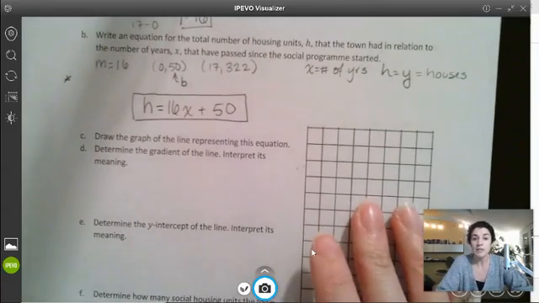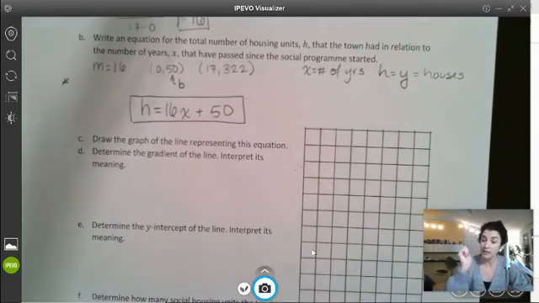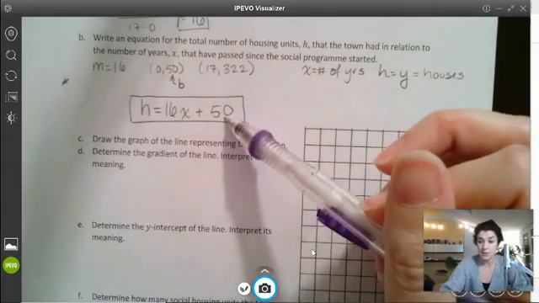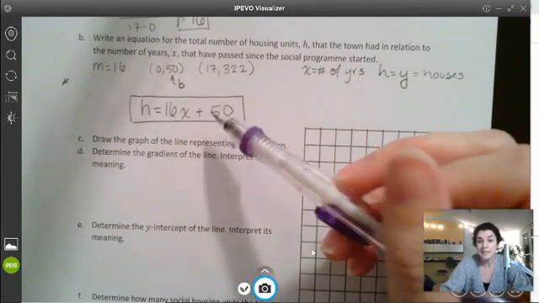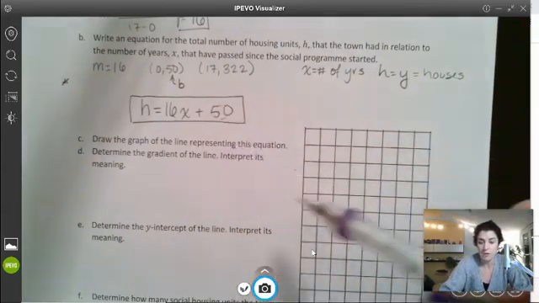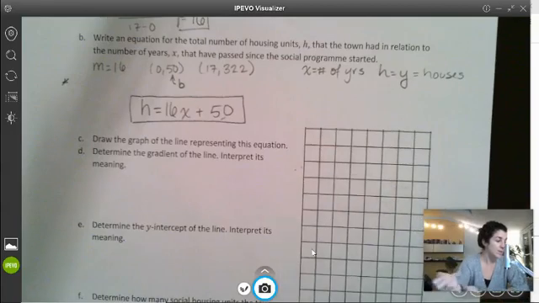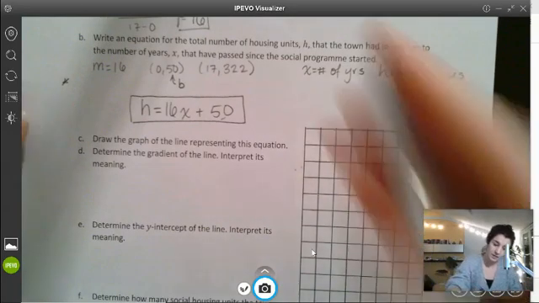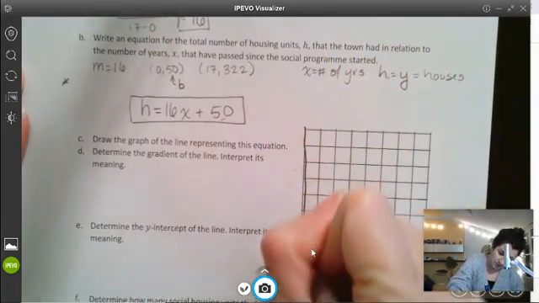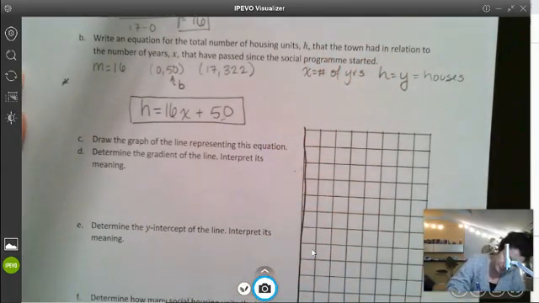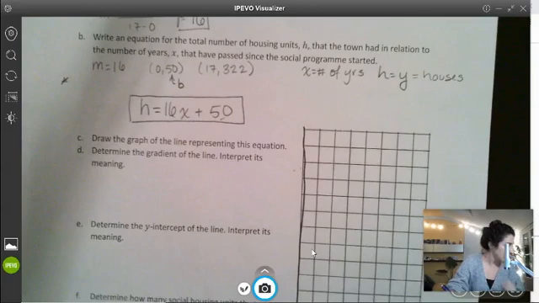We want to draw the graph of the line representing this equation. I'm really glad that we put this into y-intercept form, or slope-intercept form, because these are really easy to graph. We just put that 50 there, and then we can count our slope. Okay, so we have our x and y axis. Let's make our x axis go up by 1.